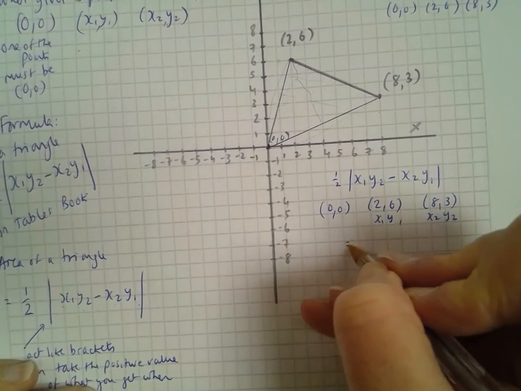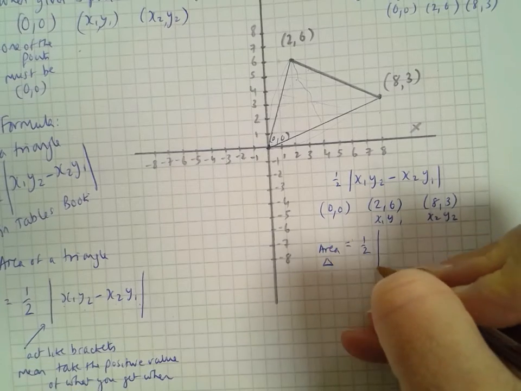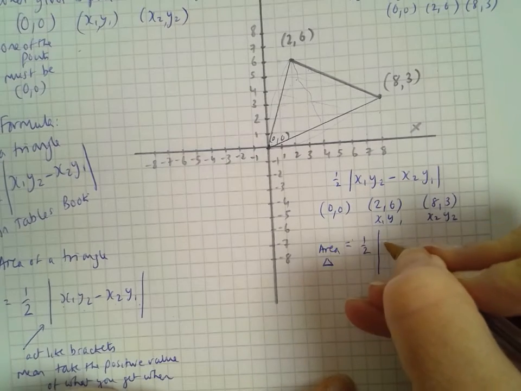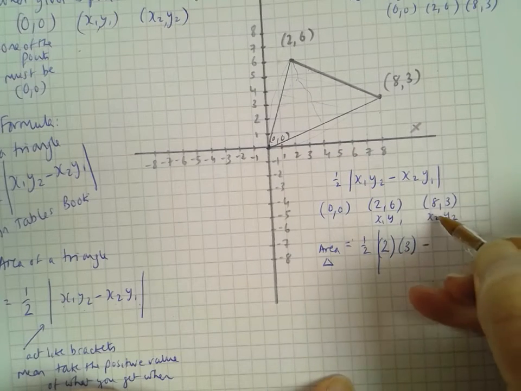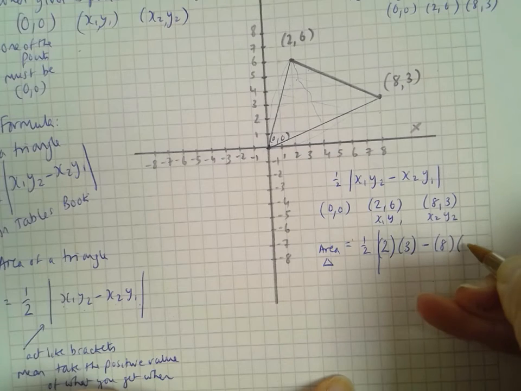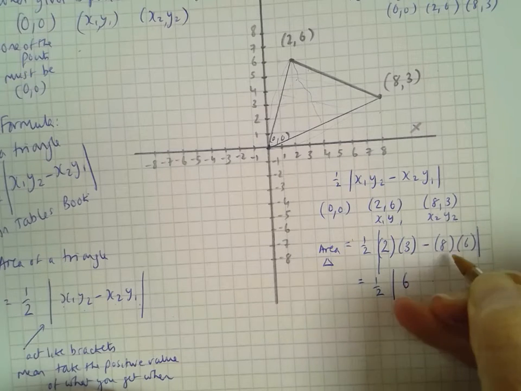The area of the triangle is going to be a half. Draw those straight lines. x1, which is 2, by y2, which is 3, minus x2, which is 8, by y1, which is 6. So what do we have? We've got a half of 2 by 3 is 6, 8 by 6 is 48.